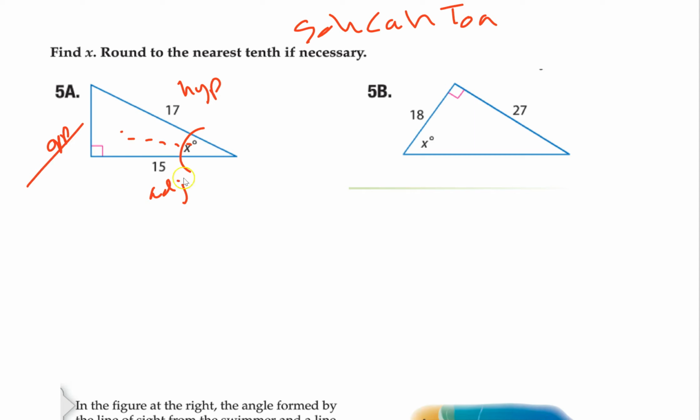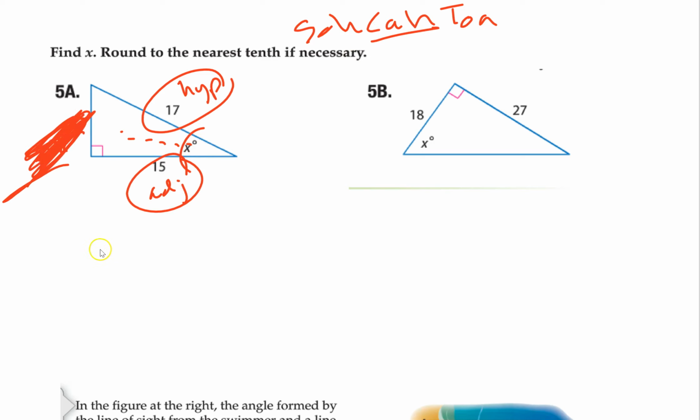I don't have opposite. I have adjacent, I have hypotenuse. So CAH. So cosine of x equals adjacent over hypotenuse. So you're going to get rid of cosine, so it's inverse cosine of both sides.